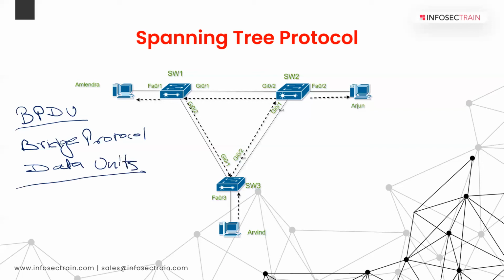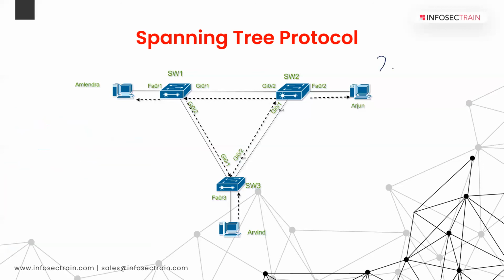Now, what happens, guys, when you switch on all the switches, the first thing that is transferred before the data transfer, those are your BPDUs, Bridge Protocol Data Units. Every BPDU is sent every 2 seconds, right? So every 2 seconds, one BPDU is generated in every switch, and every switch sends that BPDU towards the other one.